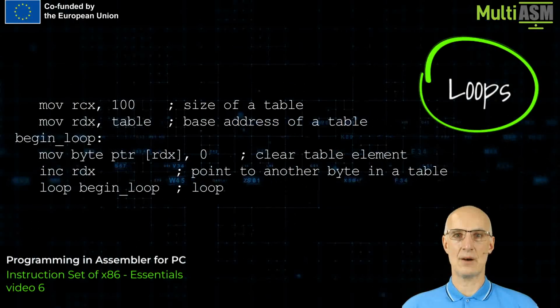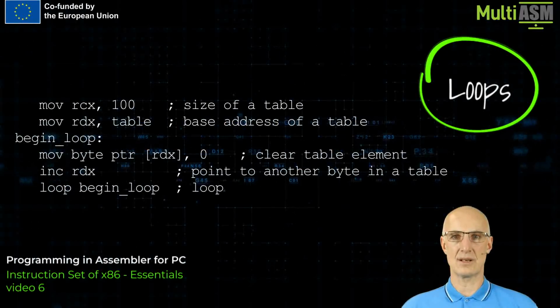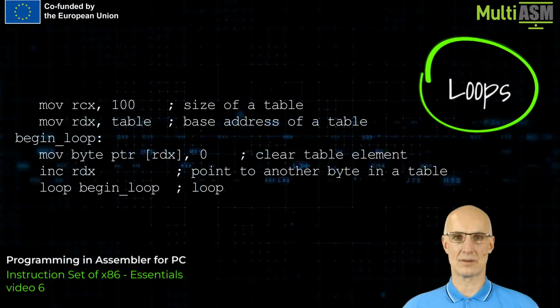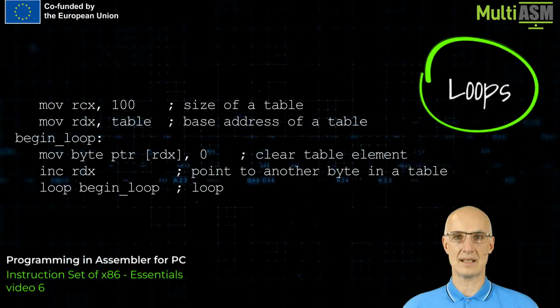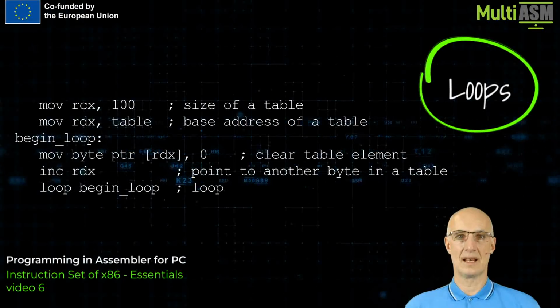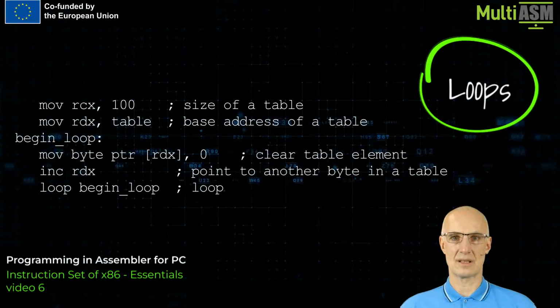The loop instruction automatically decrements the counter register, checks if it reaches 0, and if not, jumps to the address which is the argument of the instruction. This address is assumed to be the beginning address of a loop. If the counter reaches 0, the loop instruction goes to the next instruction in the stream.